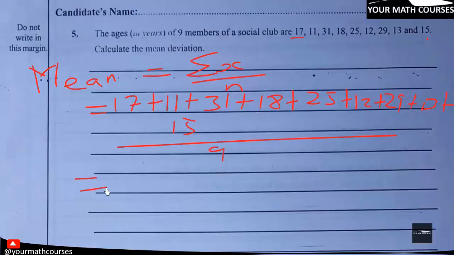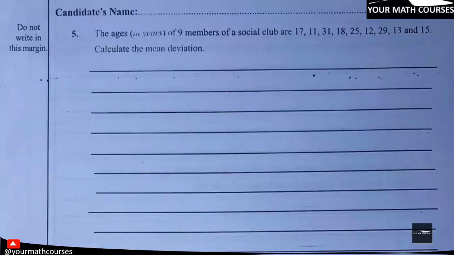When we add all, this gives us 171 divided by 9, and that will give us 19. So 19 years is the mean age. Next, what we have to do is find the deviations from the mean.